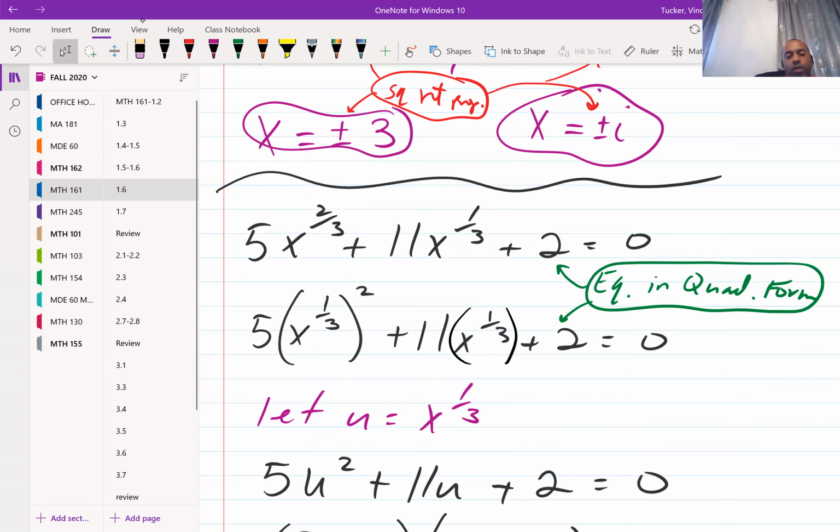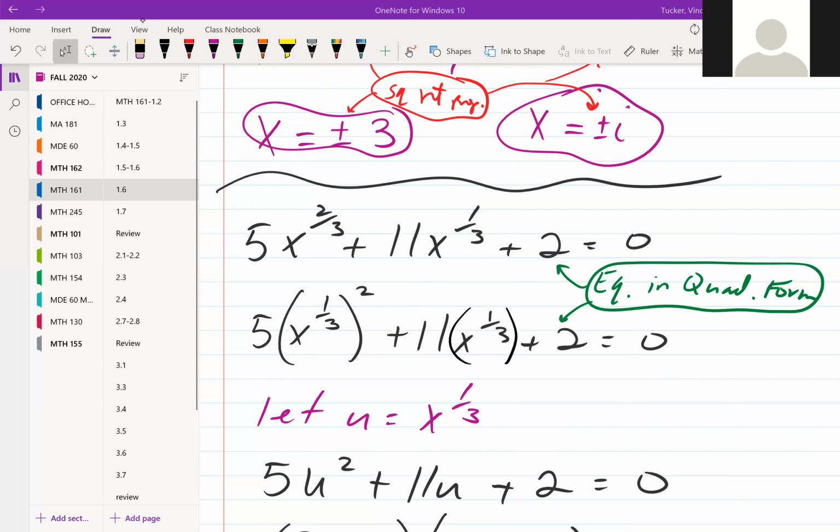Now we have a regular equation of 5u squared plus 11u plus 2 equal to 0. Questions before we go to the next step?